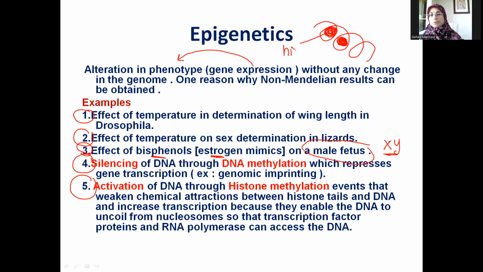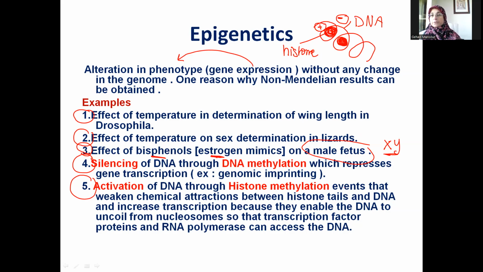So if this is the histone and this is a piece of DNA that is wrapped around the histone molecule, in order for this to occur, there should be an attraction between the negative charge on the phosphate group of DNA and the positive charge on the certain amino acids that form the histone proteins.